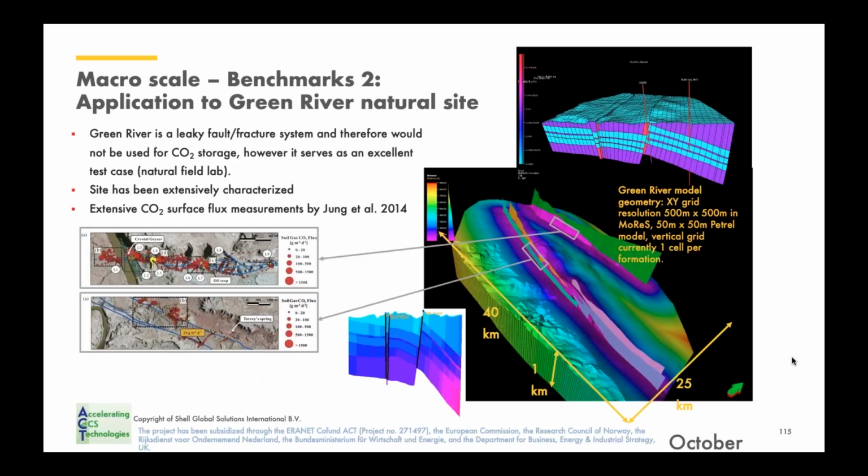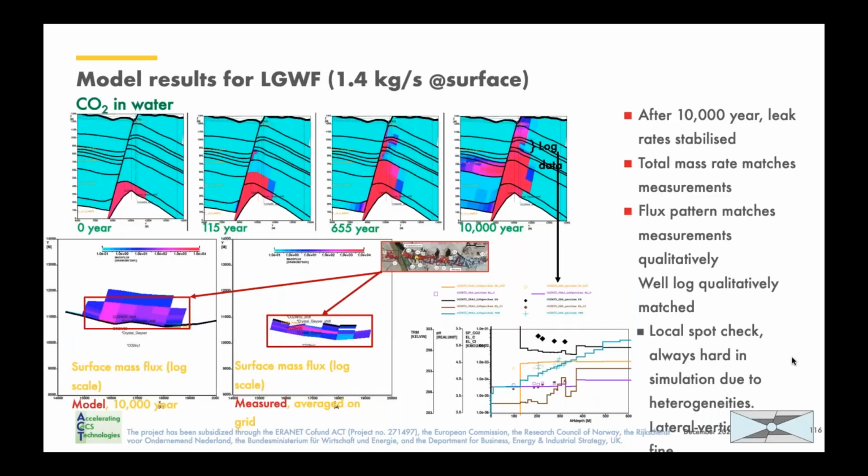Next slide. The second and maybe more relevant benchmark is the Green River natural site in Utah. This is a natural leaking reservoir of CO2 with a fault, and we have experimental data measuring the CO2 flux at the surface. Again, we applied our modeling workflow. Next slide, please. Here we see in the bottom right a field measurement, and a modeling approach in the top right.